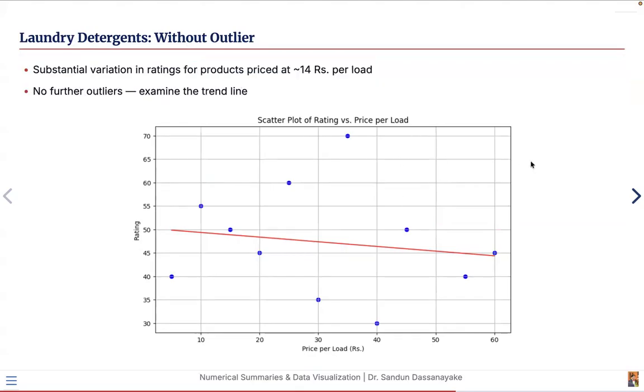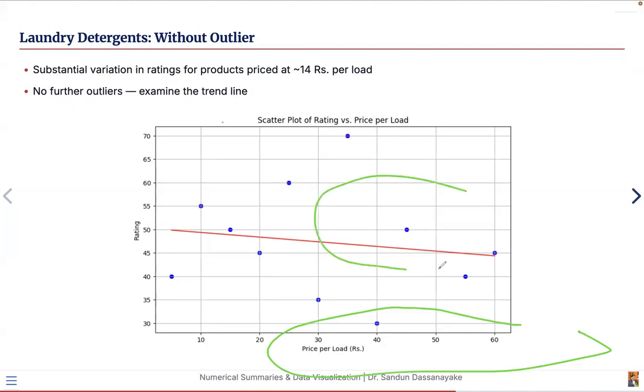So we remove that outlier, and now when we remove that outlier, we can clearly see that increasing price per load does not necessarily result in an increase in rating, right? That's something we identify from the scatter plot.